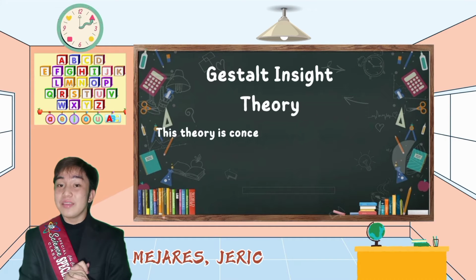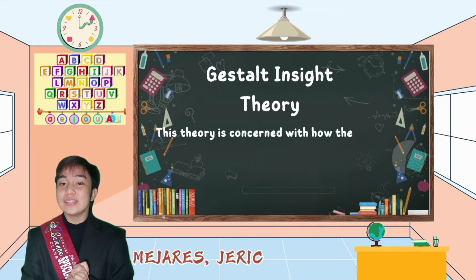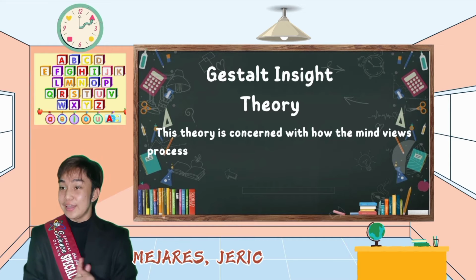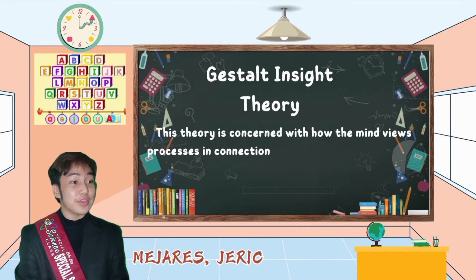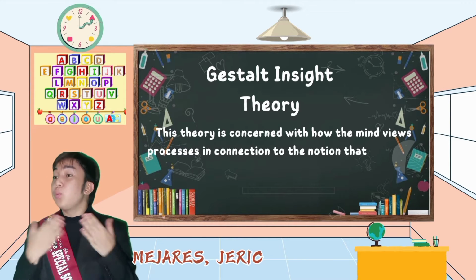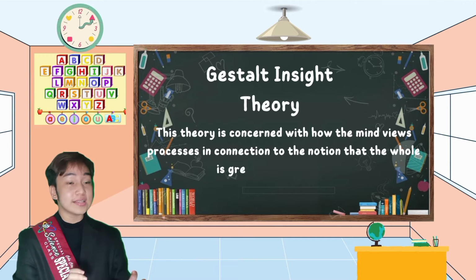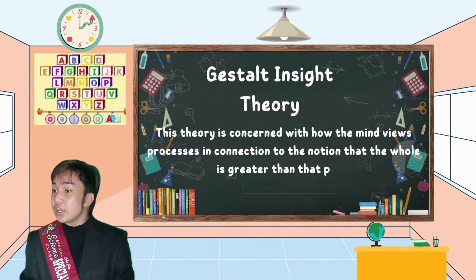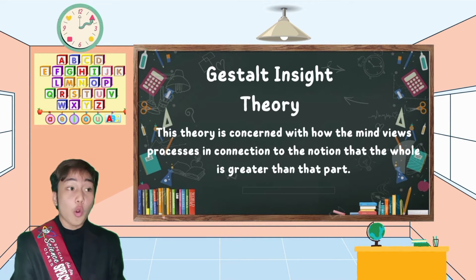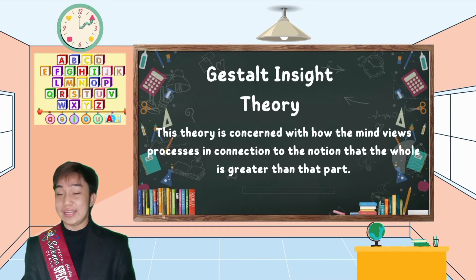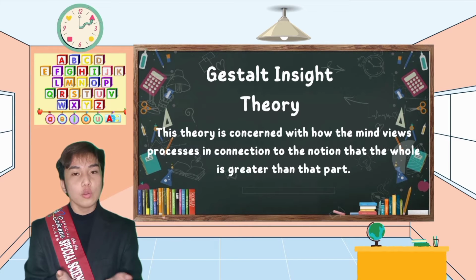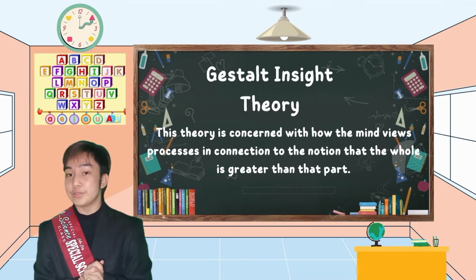So, our topic for today is about Gestalt insight theory. Class, this theory is concerned with how the mind views processes in connection to the notion that the whole is greater than its parts.